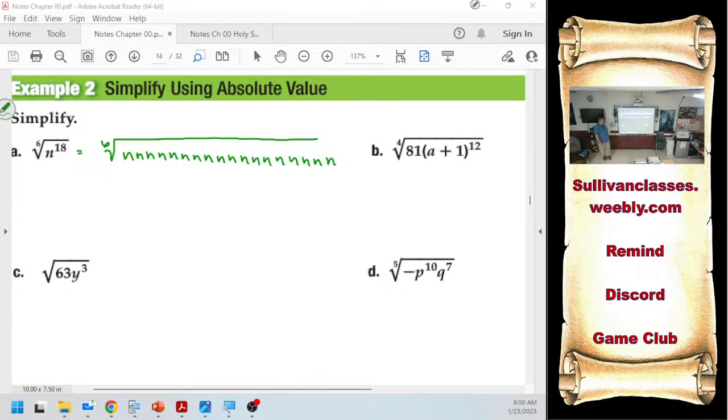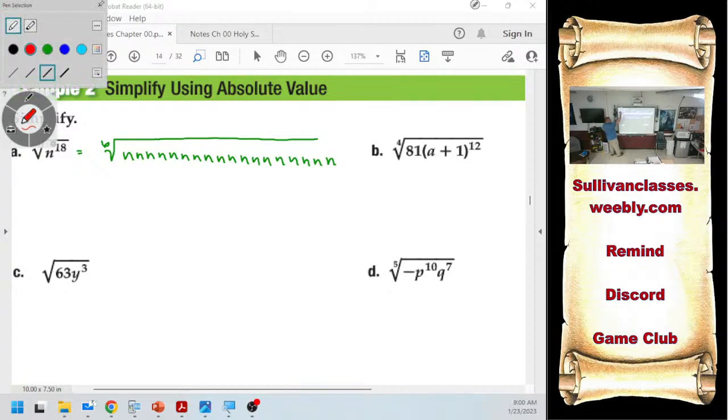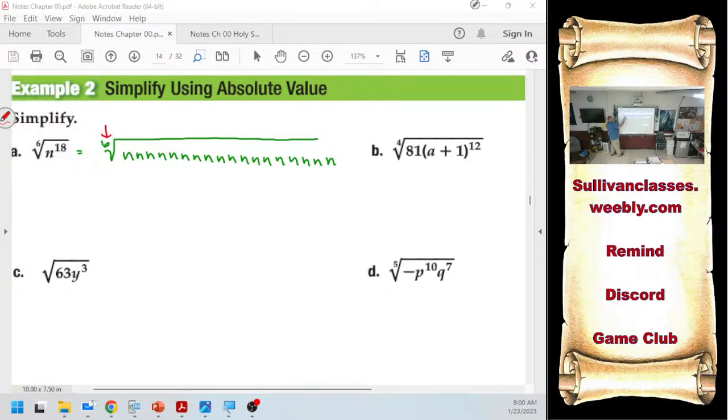And you circle groups of 6. 1, 2, 3, 4, 5, 6. 1, 2, 3, 4, 5, 6. 1, 2, 3, 4, 5, 6.